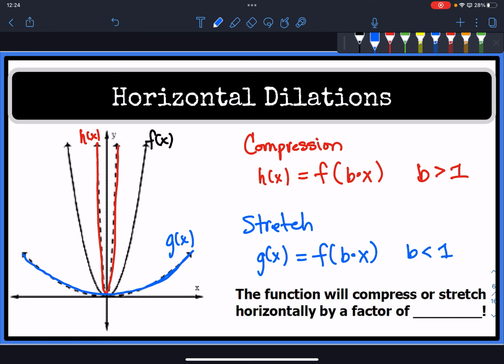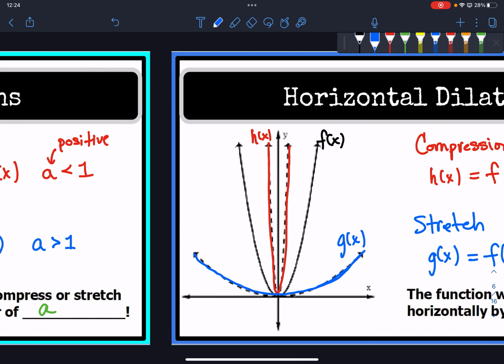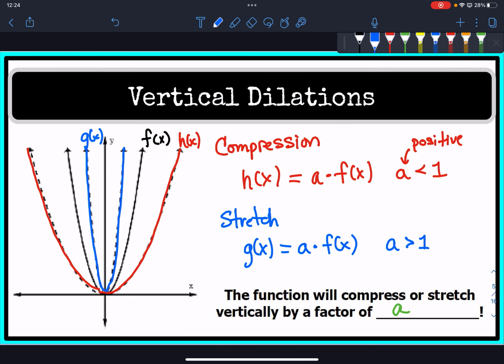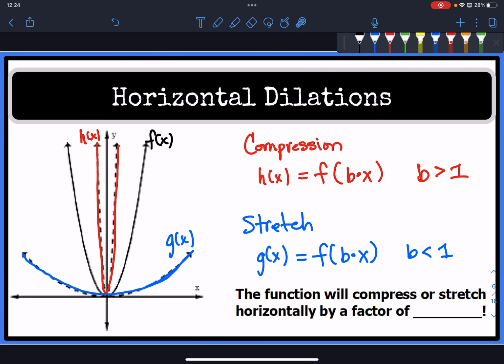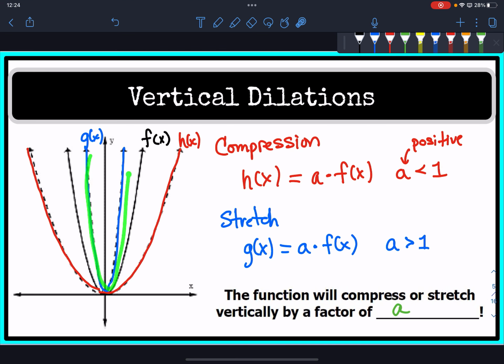So either way, in order to get a wider graph, we multiply by a number less than 1, and in order to get a skinnier graph, we multiply by a number greater than 1.